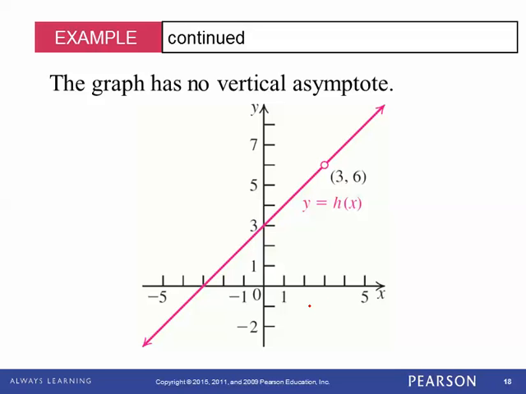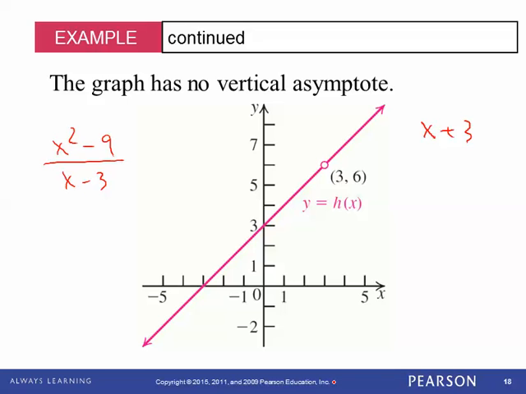That's sort of the difference between this and that. Cool there? One has a hole, one doesn't. But there are no vertical asymptotes there on this one.